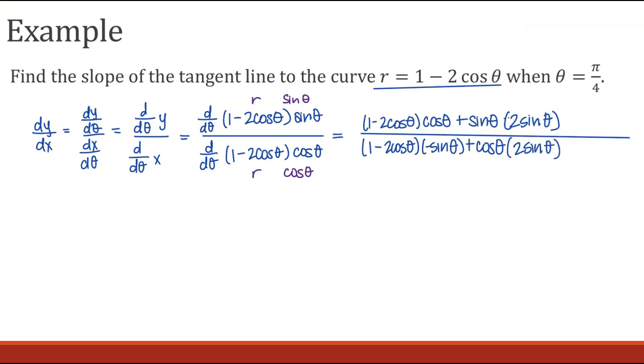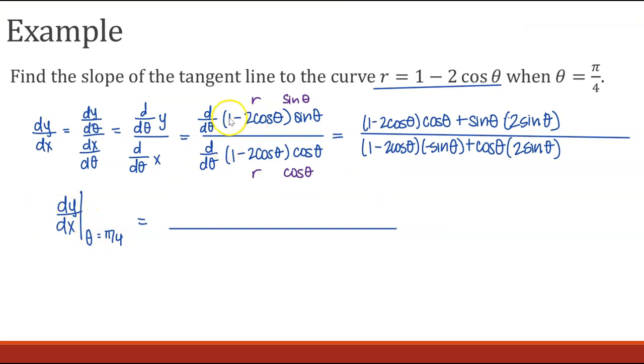Okay. So now, I wouldn't say it's worth it to simplify because we want to find dy dx when theta is equal to pi over 4. So instead of doing a lot of simplifying here, we'll just plug in pi over 4 into each theta. Let's start with that numerator.